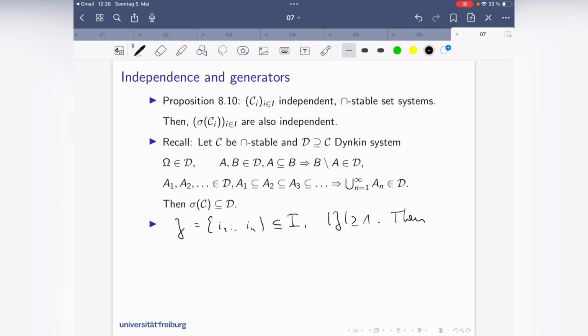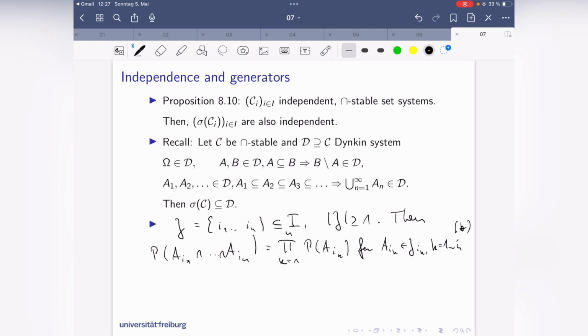Then we know that the probability of A_{I_1} intersected with A_{I_n} equals the product over k from 1 to n of P(A_{I_k}), whenever A_{I_k} is in C_{I_k} for all k from 1 to n. Let's call this property here star.